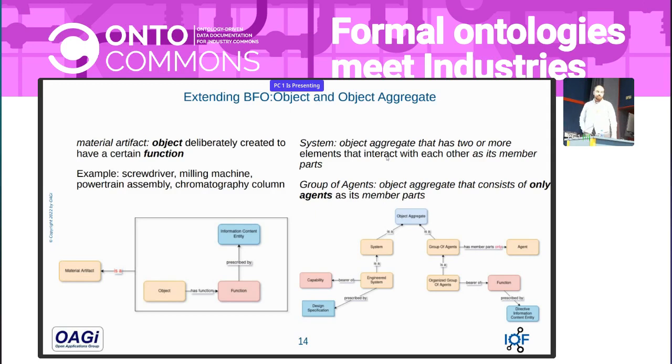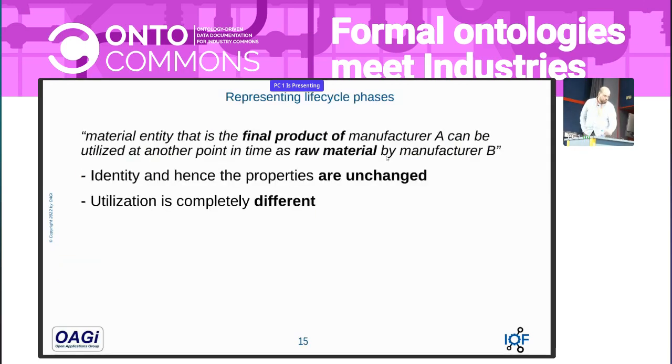For the engineered system, yet again, the main point is that it is designed, while for the organized group of agents, there is some prescriptive information telling why the agents are grouped together and what they tend to achieve together.